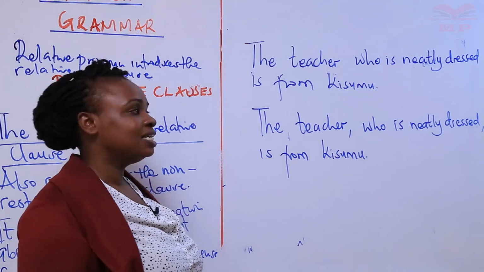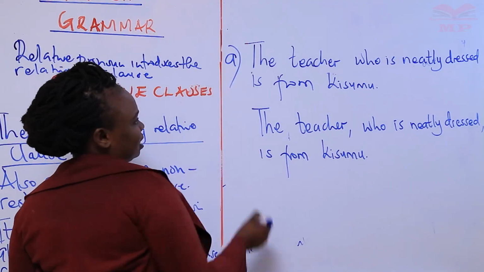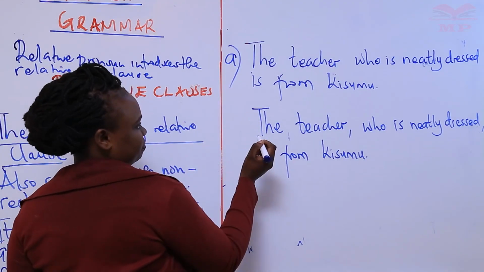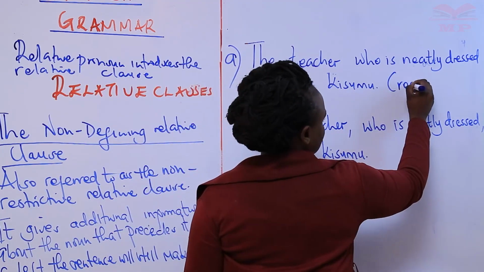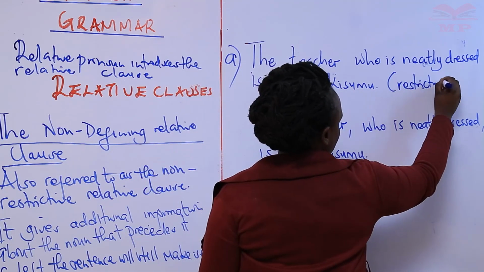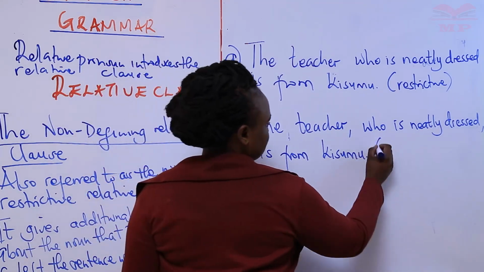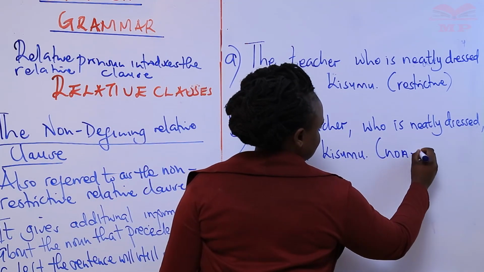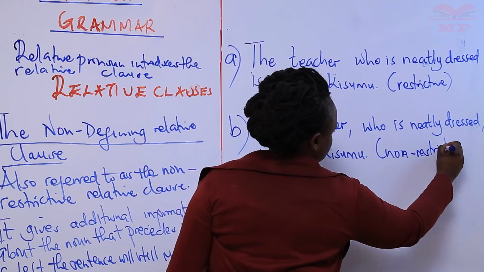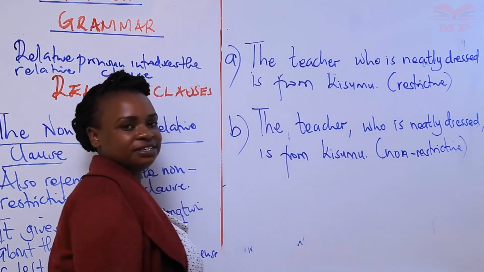The only difference is that sentence A is the restrictive, and then sentence B is non-restrictive, or we can say non-defining.